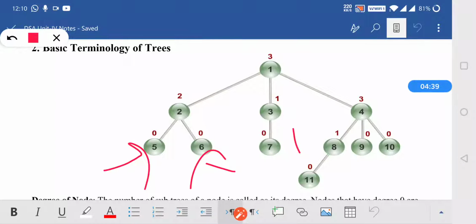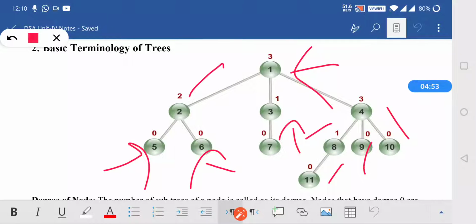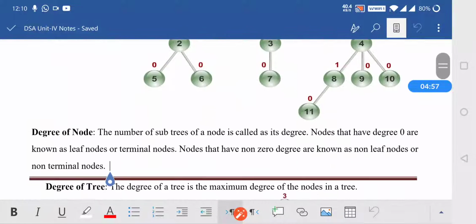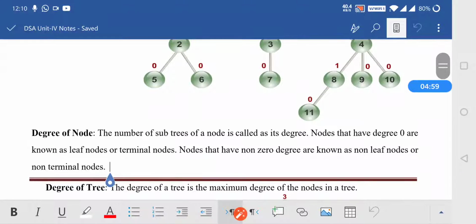In 3, one subtree is connected, so its degree is 1. For 4, degree is 3 because 3 subtrees are connected. In 8, one subtree is connected, so 1. And the root node is having degree 3 because 1, 2 and 3 subtrees are connected to it. So degree is nothing but the number of subtrees.